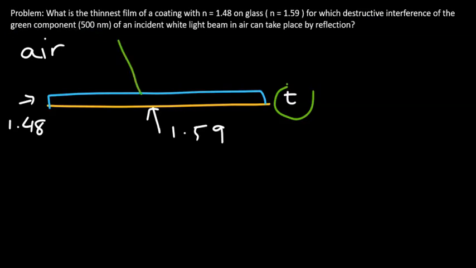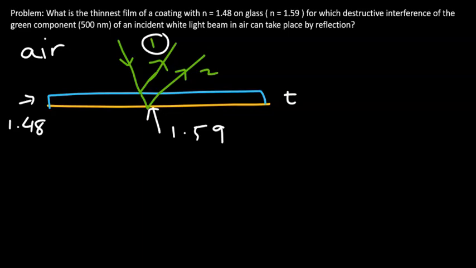So you have reflection like that. This is the incident and this is the reflected ray, the transmitted, and then again the reflected ray. So ray 1 and ray 2 would interfere to give a destructive interference. So what should the minimum value for this thickness be for that to occur? Let's see if there is any phase shift for ray 1.